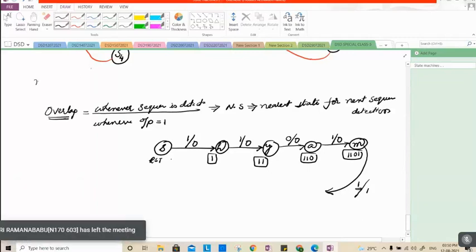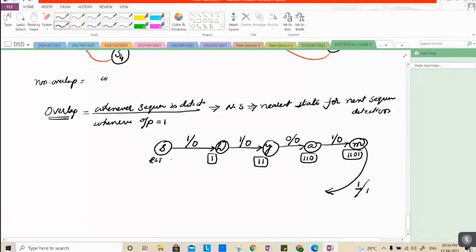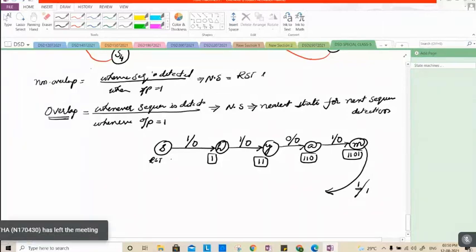And in non-overlap, the definition in simple words is: whenever the sequence is detected, meaning the required sequence, or whenever the output is equal to 1, the next state is equal to reset.